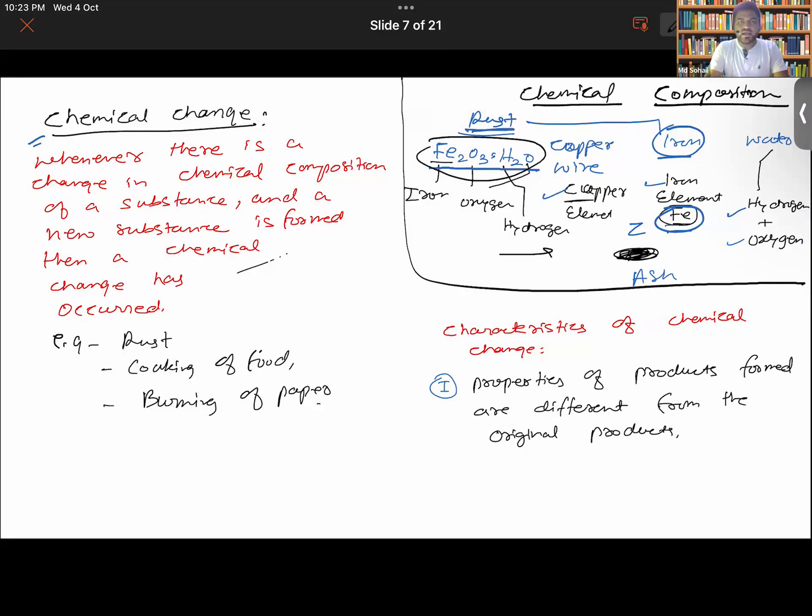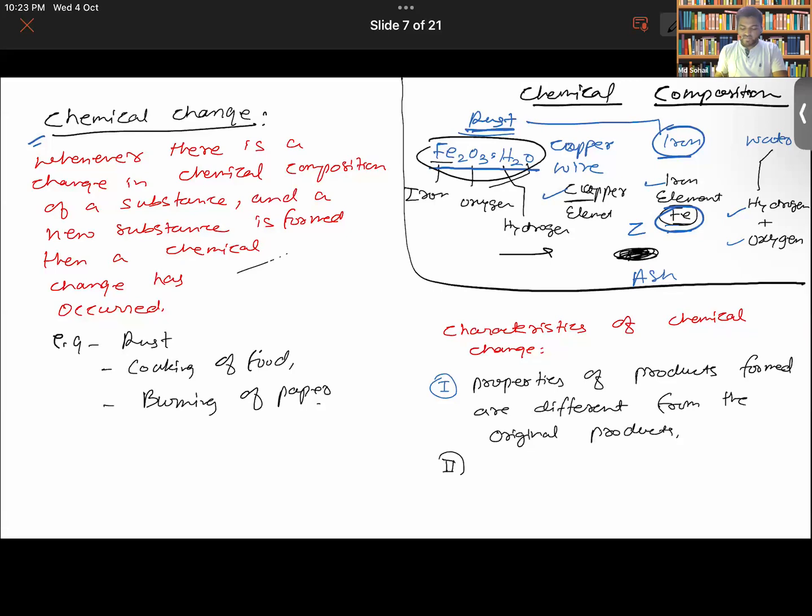We know that the property of iron is that it is magnetic in nature, it conducts electricity, it conducts heat, right? But the property of rust: it is very less magnetic. It does not conduct electricity, nor is it hard in nature. The properties are entirely different, right?